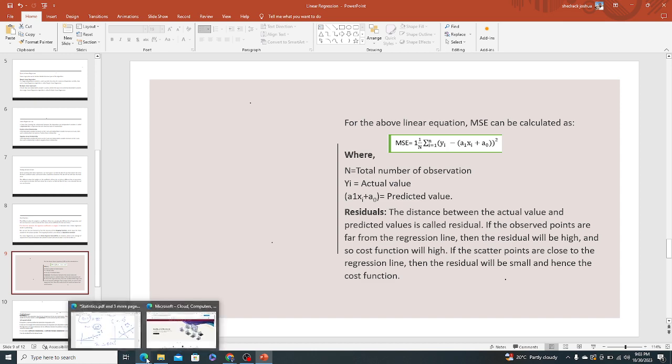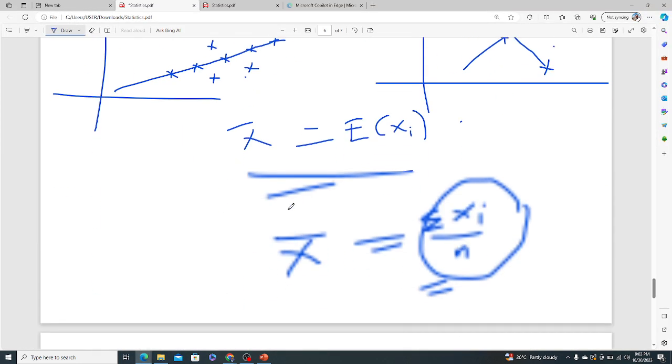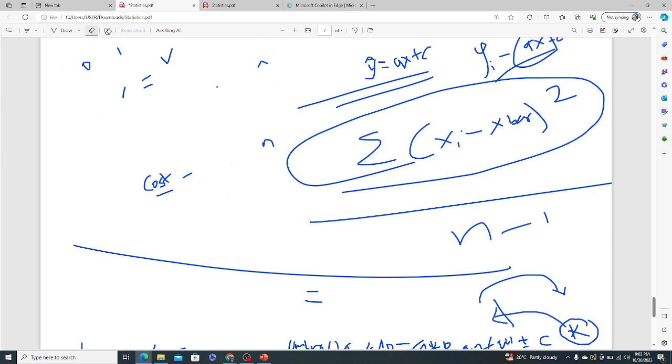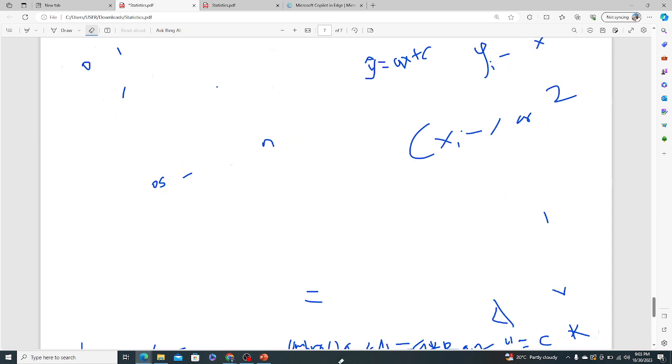The cost function we usually say, let me clear some space here where I can illustrate. For the cost function, we are saying that it is the mean squared error.